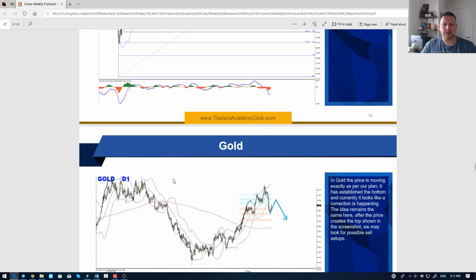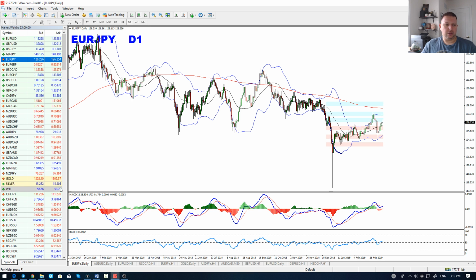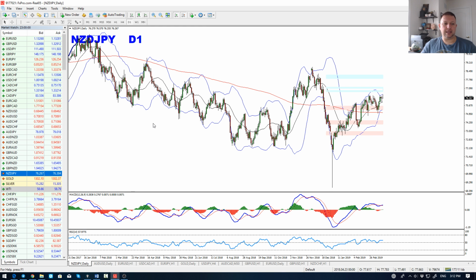So the next pair would be a new pair before I go to the commodities, and I have the New Zealand dollar versus the yen. Very interesting one. I do want you to pay attention to the critical levels we are approaching.